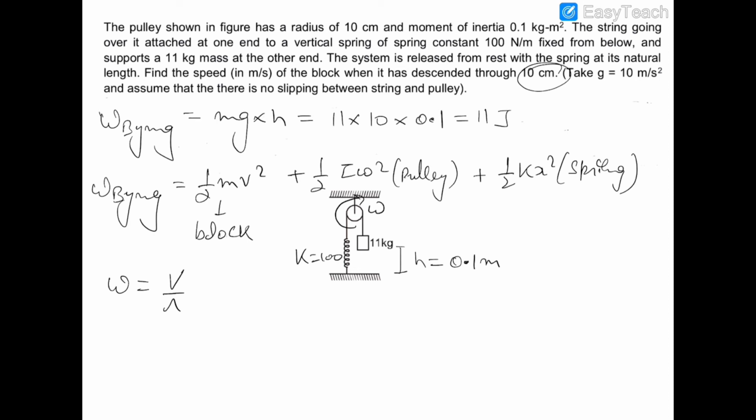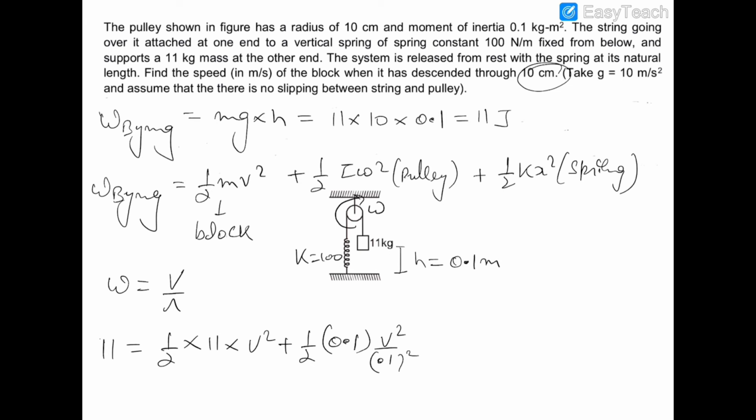Okay, so this is final energy, which is work done by mg is 11, and this is equal to half the mass of this block, which is 11, and v square is needed to be calculated, as well as half I omega square. I is given as 0.1, and omega is v by r. So this is v square by r square, where r is given as 0.1.